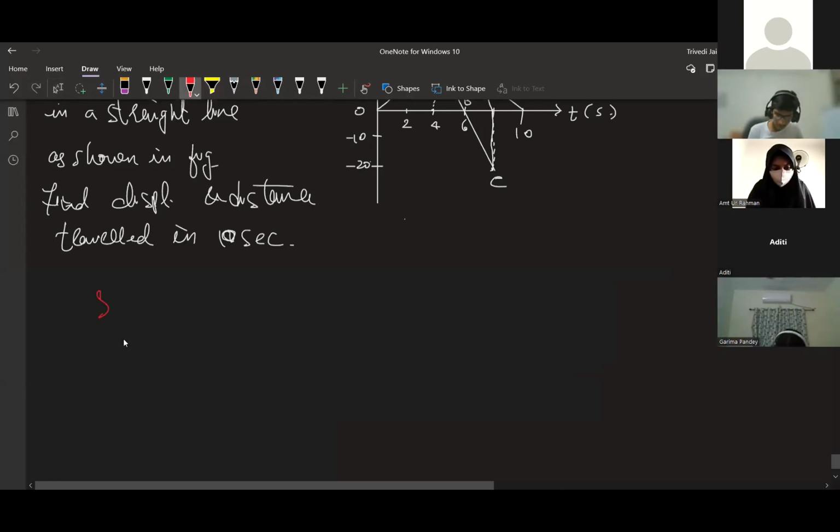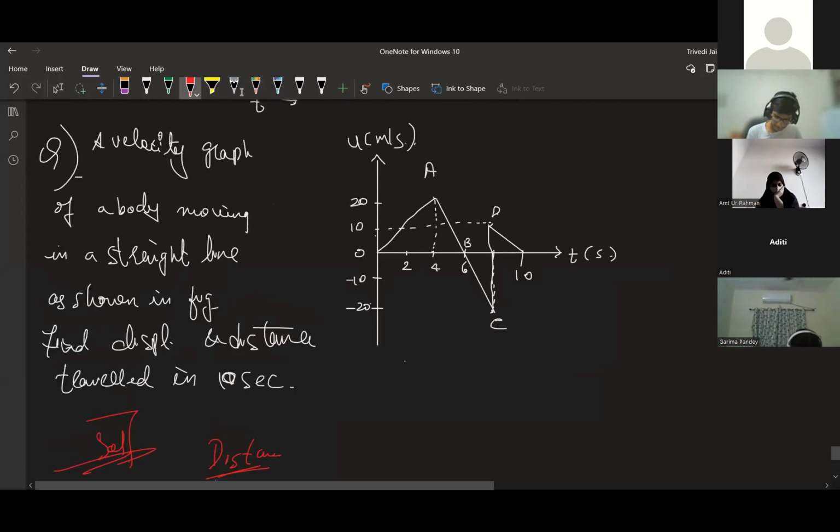Okay, then let me solve it. So for distance, see, area for this one, VT graph, somebody wrote the answer, wait. Correct, Aditi, very good. So finally you also got the answer. Super.